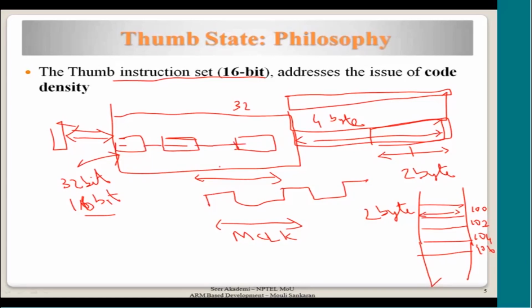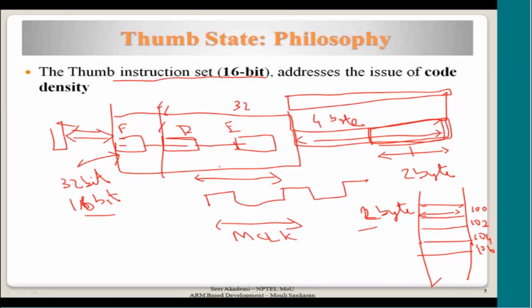What happens after the decode stage I will explain, but as far as the fetch stage is concerned, it is accessing 16 bits at a time from the memory, which are 2 bytes wide, and those are the instructions. So it has to interpret the instruction within 2 bytes. That means the assembler should know whether it is generating a 16-bit instruction or a 32-bit instruction, and accordingly encode the contents into the instruction.